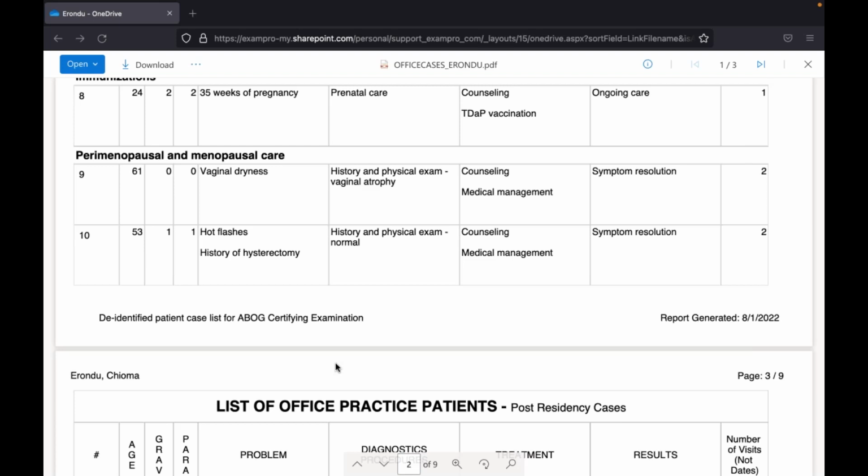So it would depend on age, but typically if they're in the perimenopausal age range, maybe mid 40s or later, I do think of vasomotor symptoms, so menopausal related hot flashes.